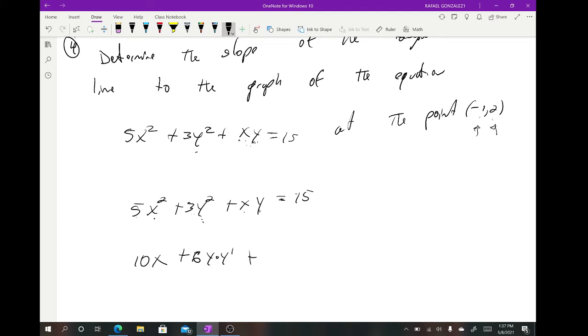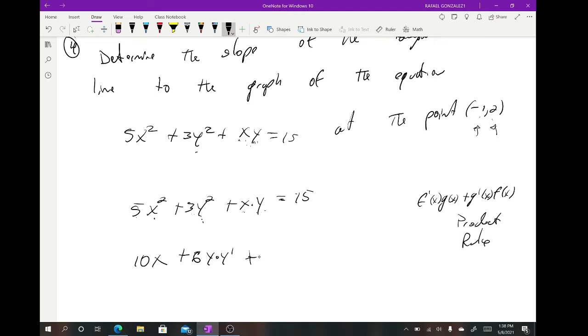The derivative of x times y, here you have to remember the product rule, because this is a product of two things. The product rule is the derivative of the first times the second plus the derivative of the second times the first. So what do we have here?